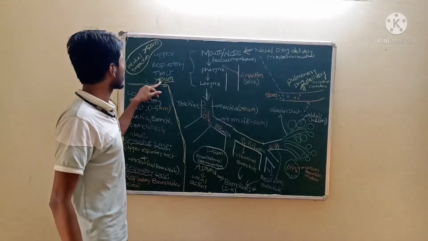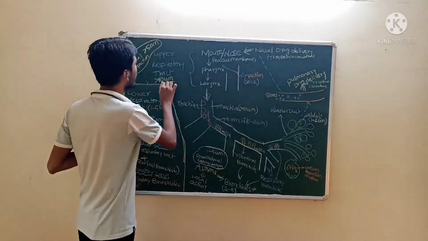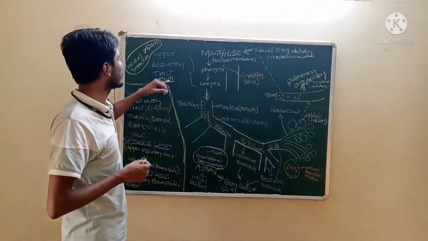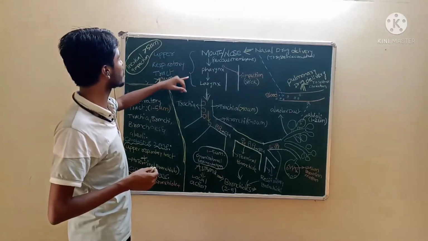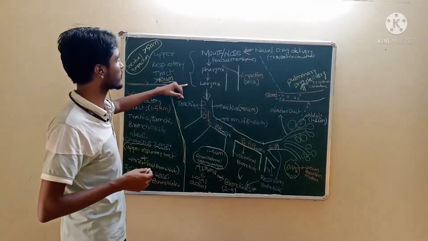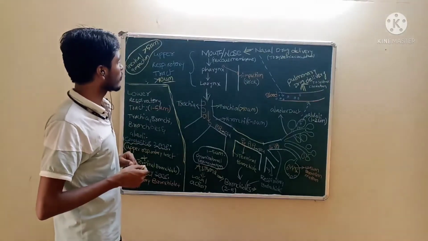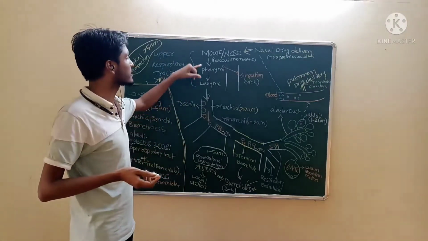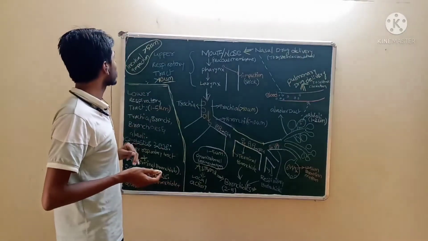If we consider a particle size greater than 10 micrometers, they will deposit in the upper respiratory zone. By what mechanism, by what principle, will they deposit in this region? By inertial impaction.